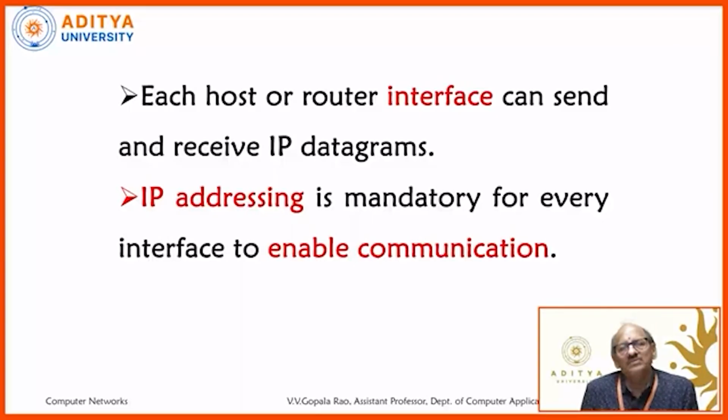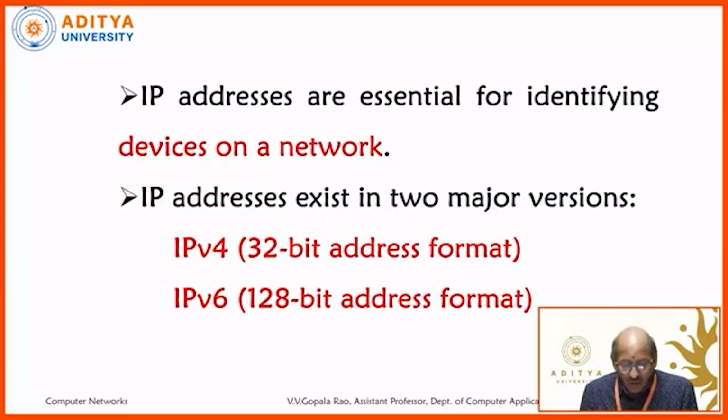Now in the case of IP addressing, which is mandatory, it is very useful to identify the concerned sender and receiver, or the source and destination, so that the communication can take place among the genuine devices in the overall transaction. That is why IP addressing is mandatory for every interface to enable communication. IP addresses are essential for identifying devices on a network, as already mentioned in the previous one.